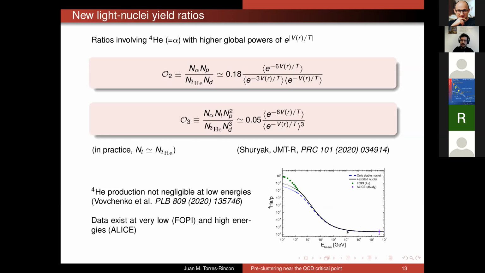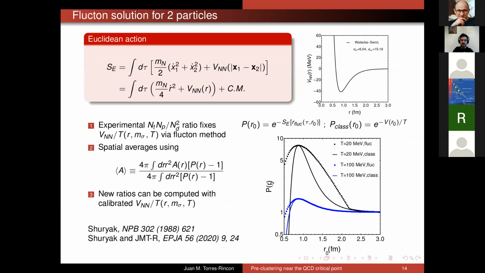So the only thing that I can show you here is an estimate for these ratios, O2 and O3, using the experimental values of the Triton ratio as an input. And to do that, I will use a simple technique, which is called the Feynman-Kleinert solution of the path integral, a method that Kleinert derived in the late 80s, introduced for quantum mechanics.